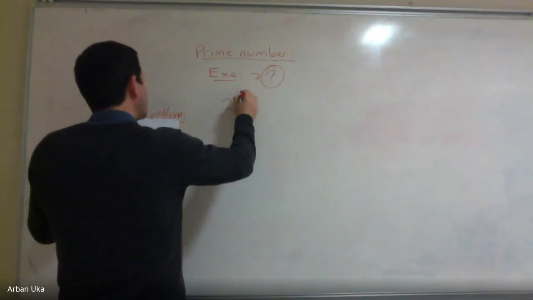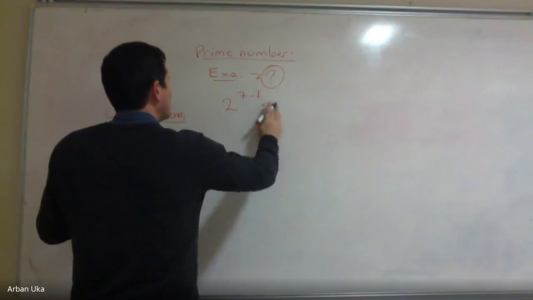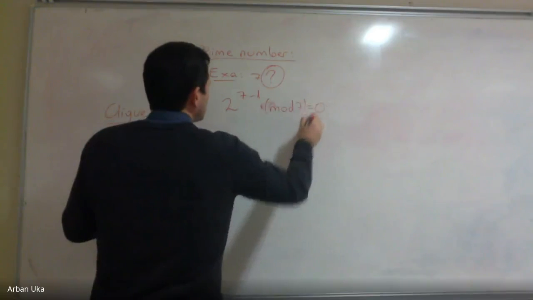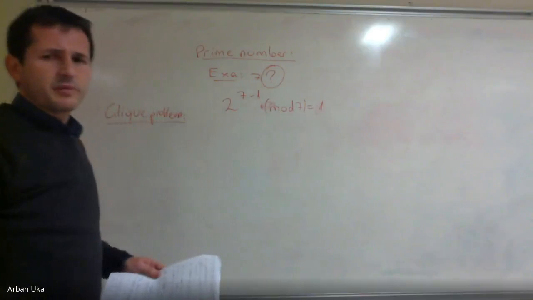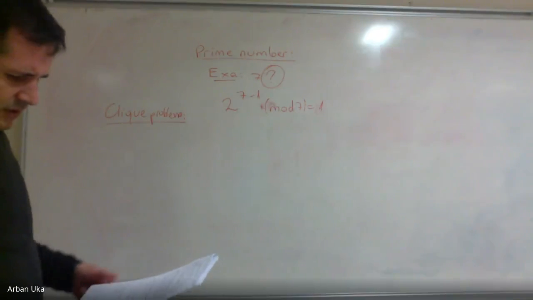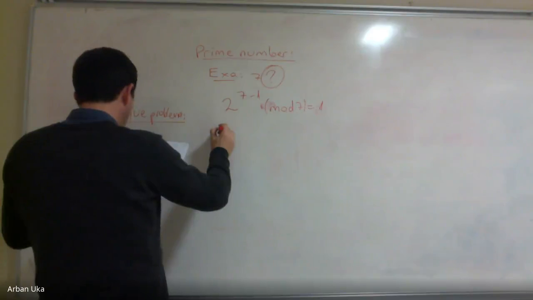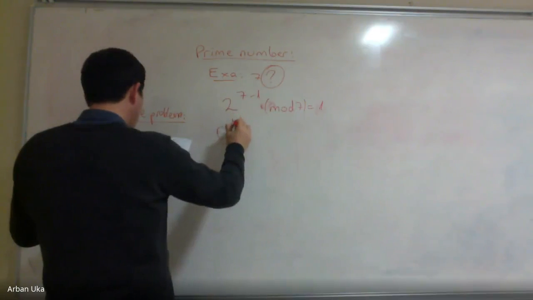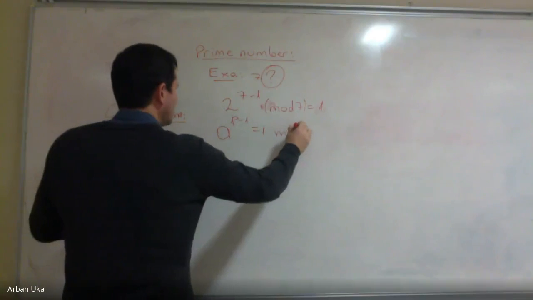If 2 to the power of 7 minus 1 mod 7 is equal to 1, then we call this one a prime number, in the case of 7. More generally, we can pose this problem like this: 2 to the power of P minus 1 is equal to 1 mod P.